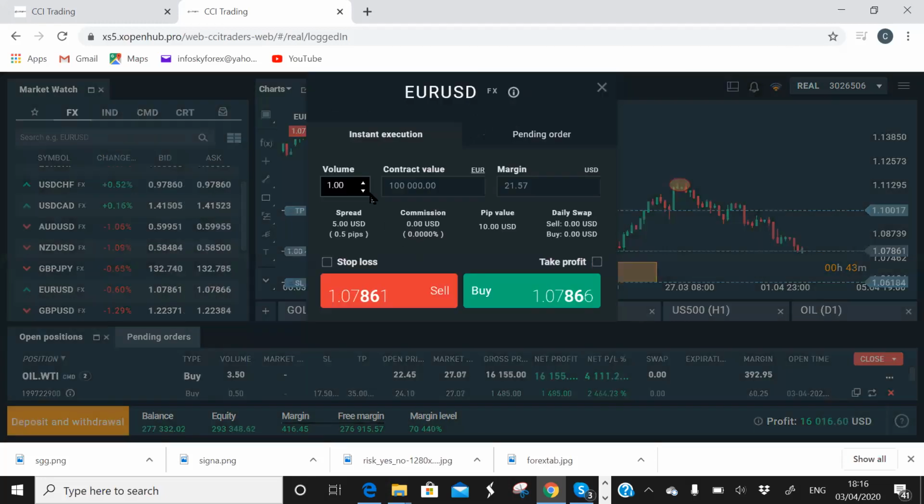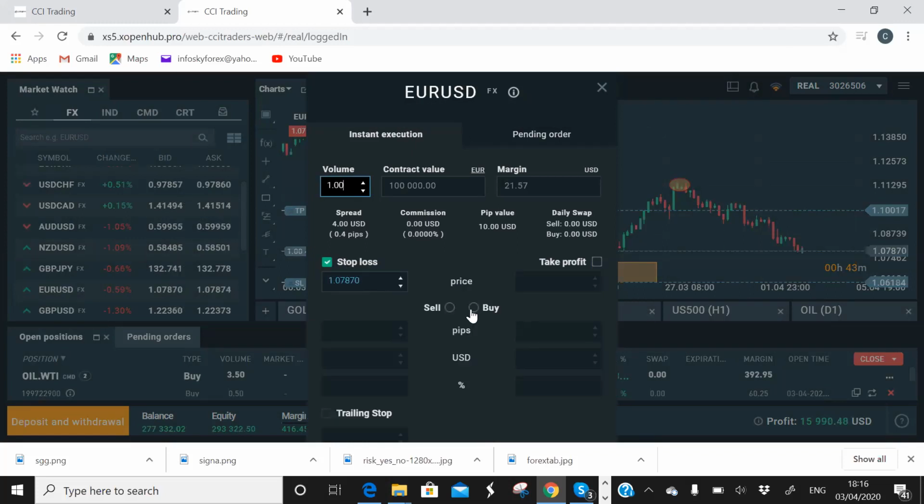Select Euro USD. You put the trading volume. I can put my trading volume 1.00. I set my stop loss. I want to buy Euro USD at this price. I can set my stop loss at 1.06184.